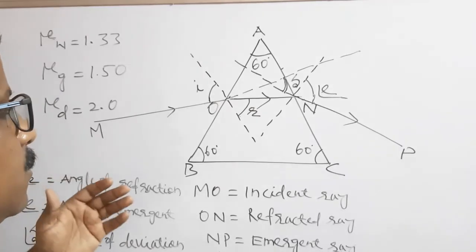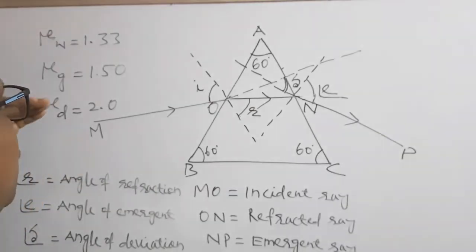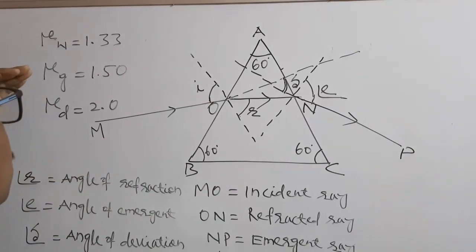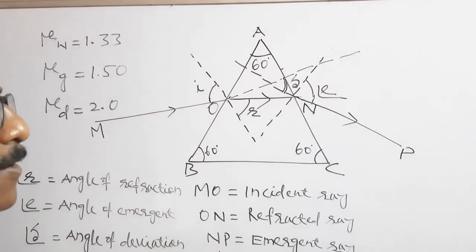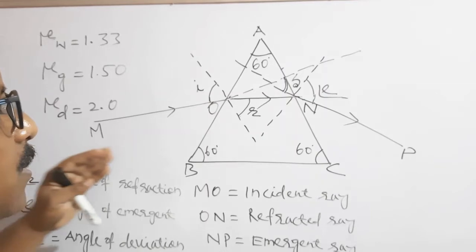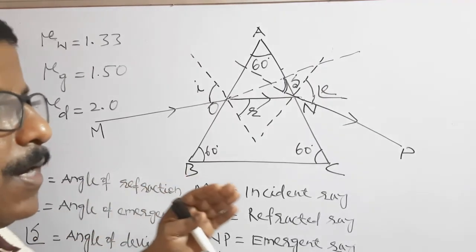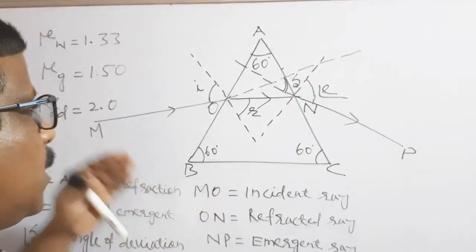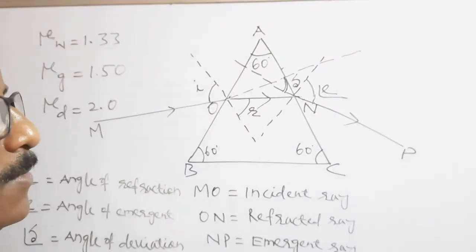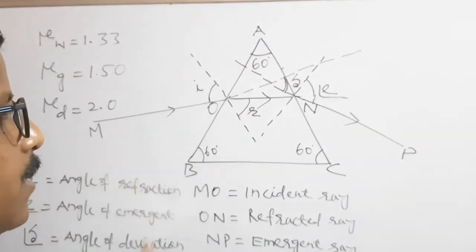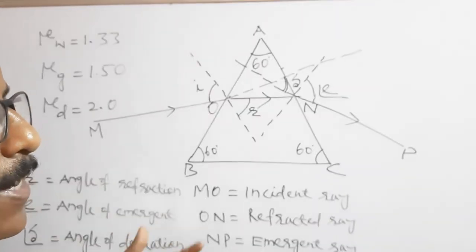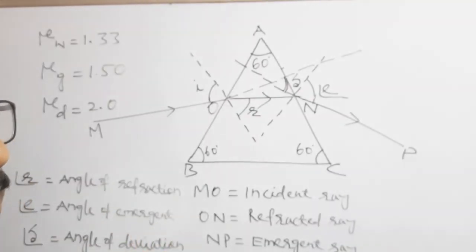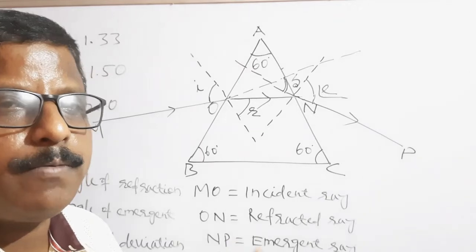So you can see that in diamond, as compared to glass or water, when a light ray falls on it, it will reflect so much because the deviation of the light ray is the most among the three mediums. Understood? So the angle of deviation depends upon the refractive index. If the refractive index of the medium is more, then the angle of deviation will be more.